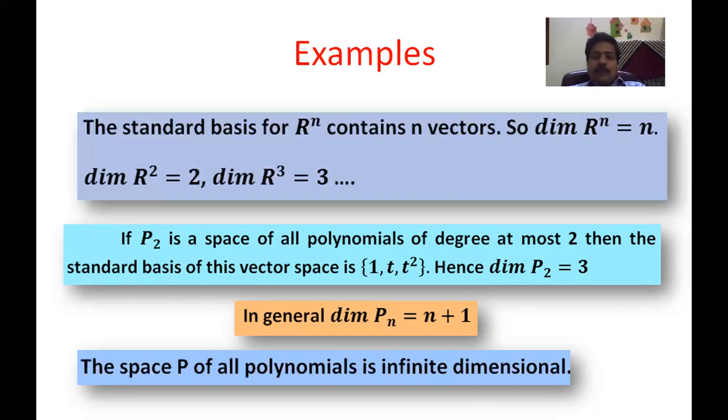So you can't find a basis with a finite number of vectors. So its basis will be 1, t, t square, t cube, and so on. That will be the standard basis for P. It is not finite. So P is infinite dimensional.